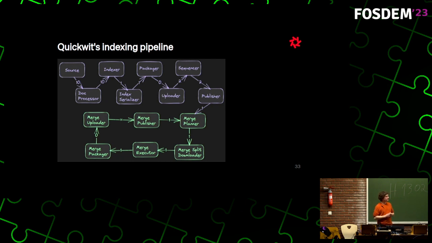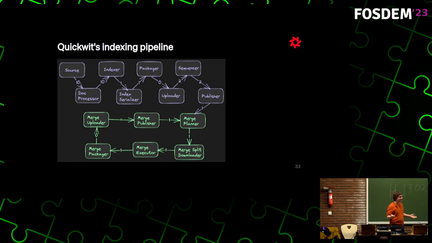I wanted to show you the actual indexing pipeline in its full complexity. I said 25 actors, it's not 25 actors here, but we have other actors in other parts of the code because the pattern got quite popular.